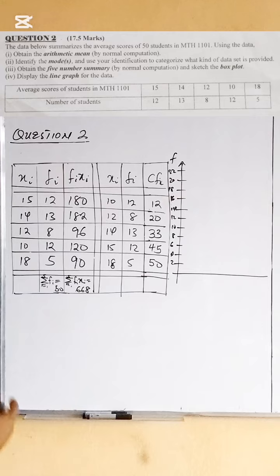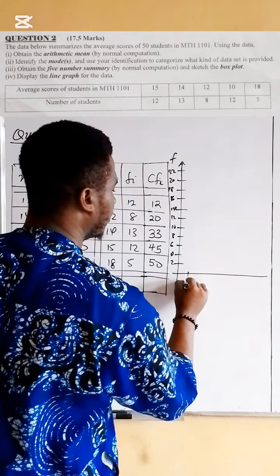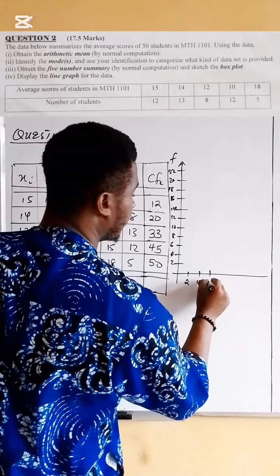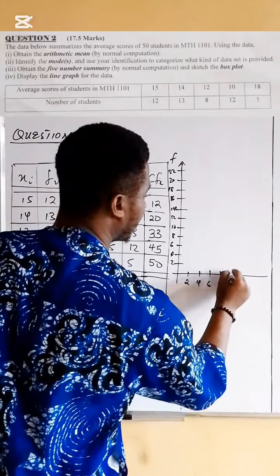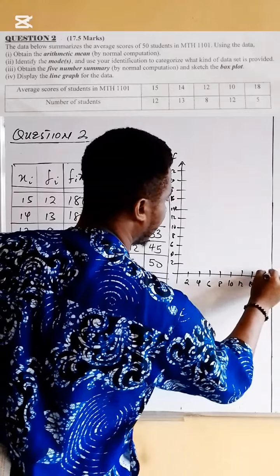For the horizontal axis, the data entry axis, I'm going to use a scale of 2 centimeters to represent 1 unit: 2, 4, 6, 8, 10, 12, 14, 16, 18.